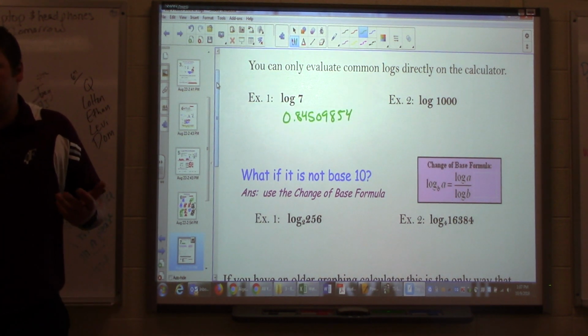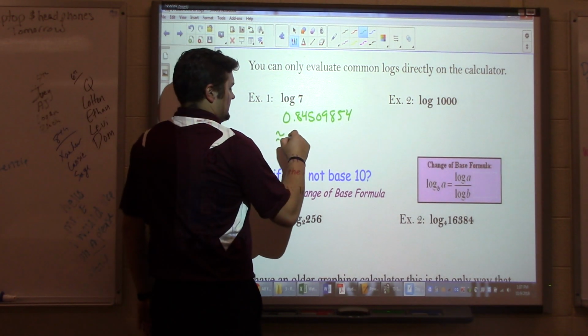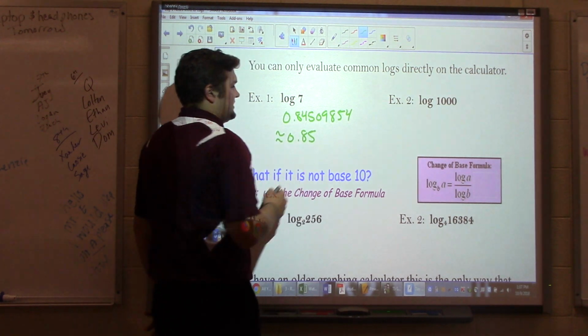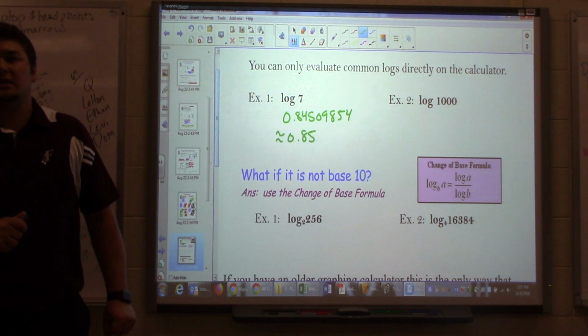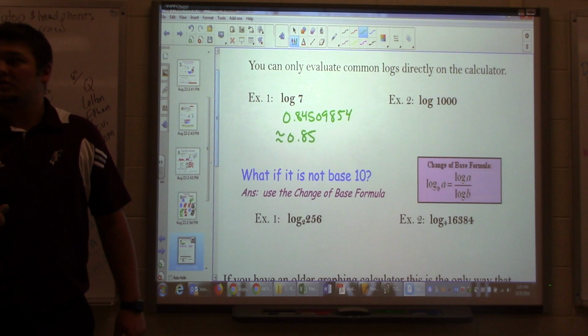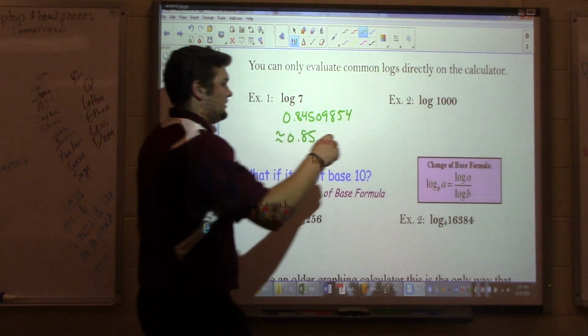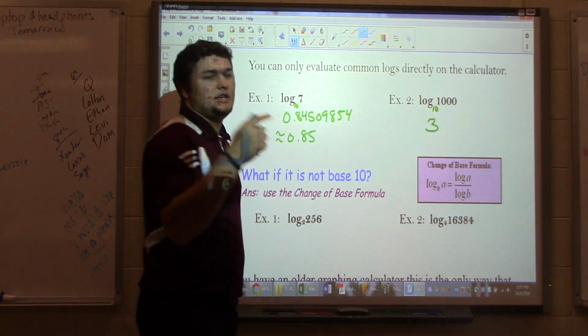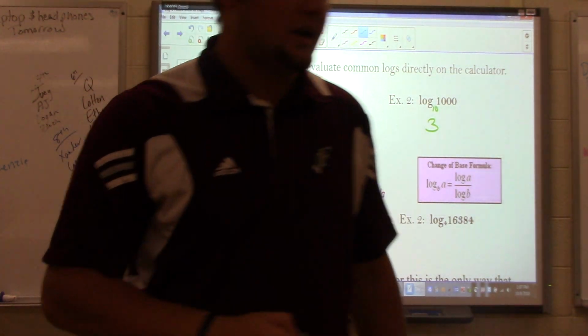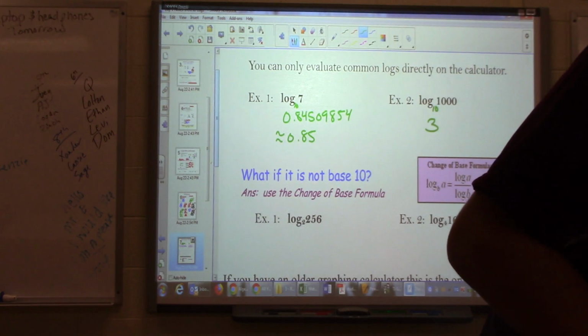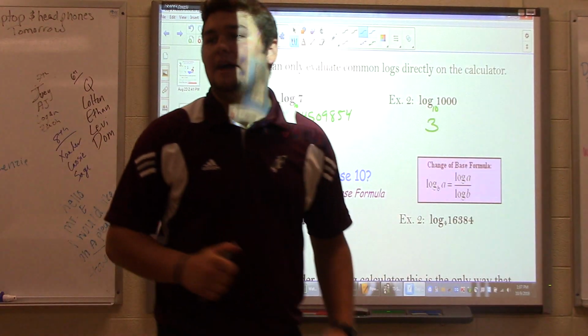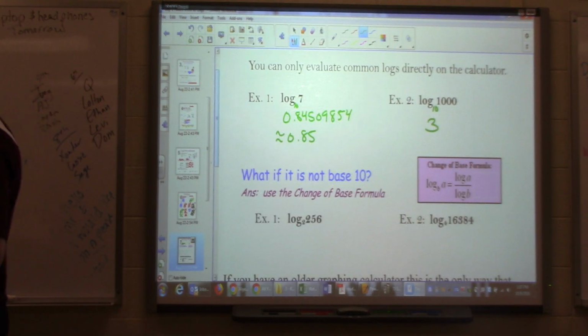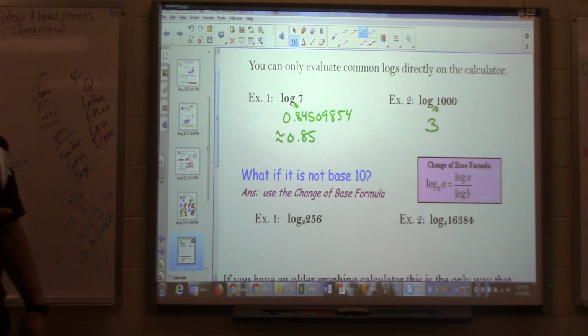Or if you round it, 0.85. That's easy. Log of 1,000, what do you get? 3. These are both log base 10. Those are easy. We know where that button is, right below our x squared button. That's easy when it's just the common base, not the natural base. We'll talk about that later this unit.